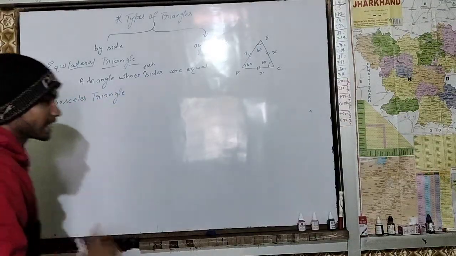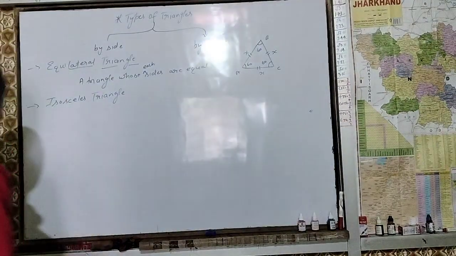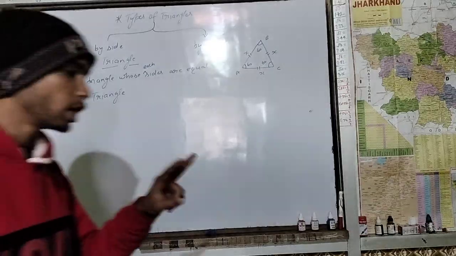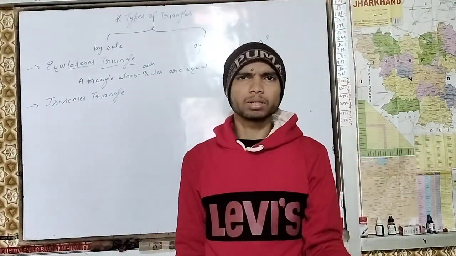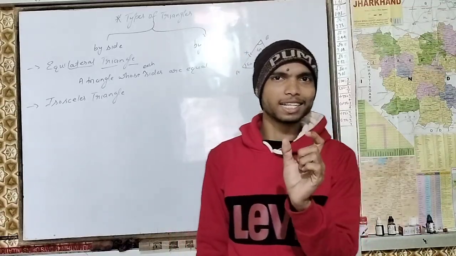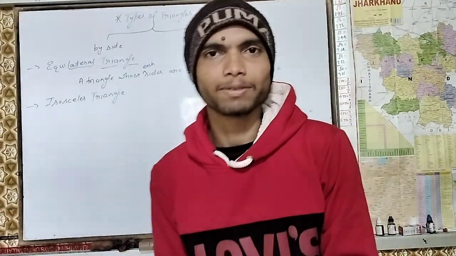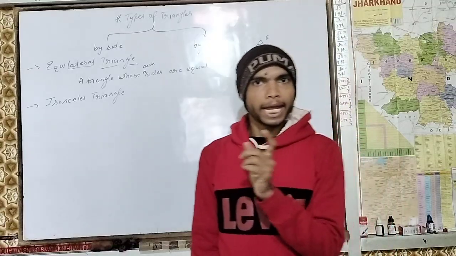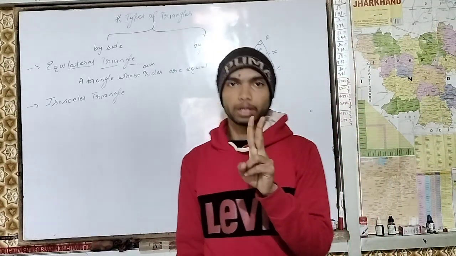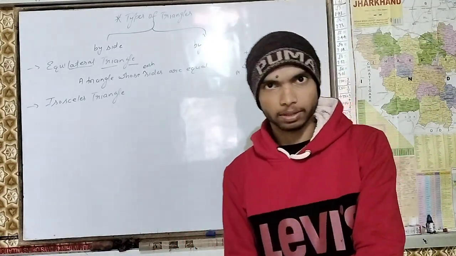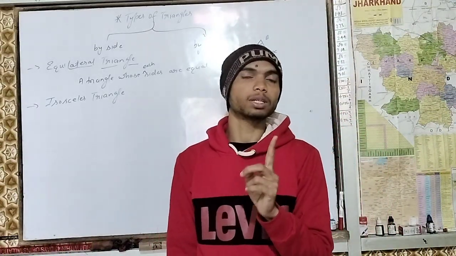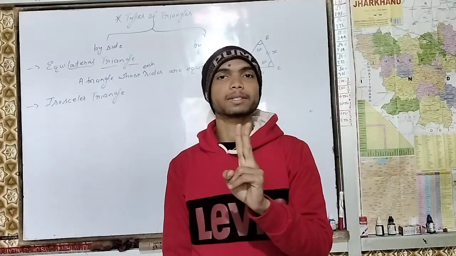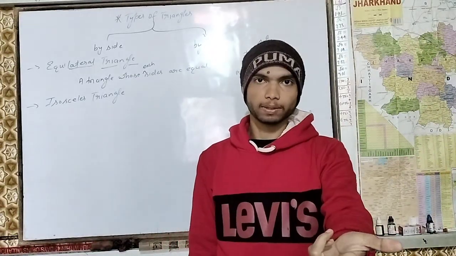Again, I would say it is also a triangle, so there would be three sides. If we are taking a triangle, of course, three sides will be compulsory. It is saying the length of two sides except one, length of two sides will be equal to each other.